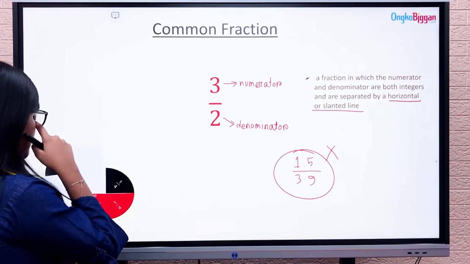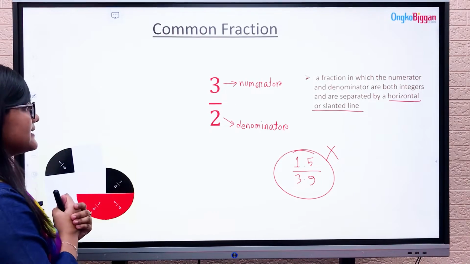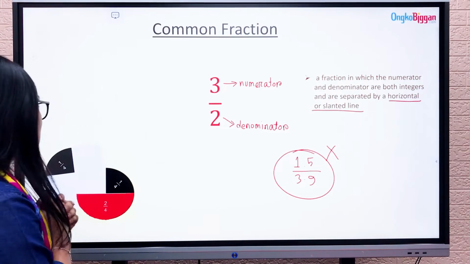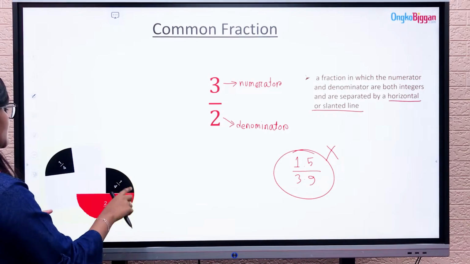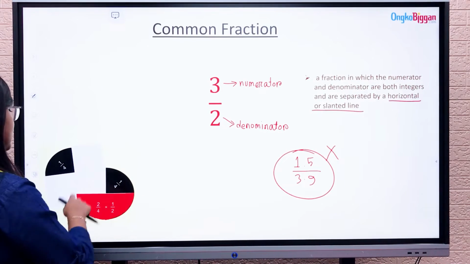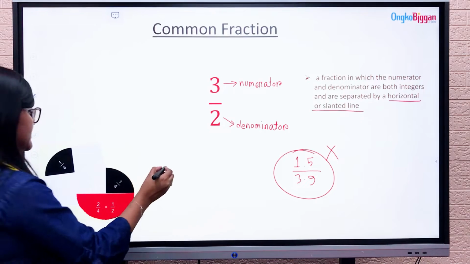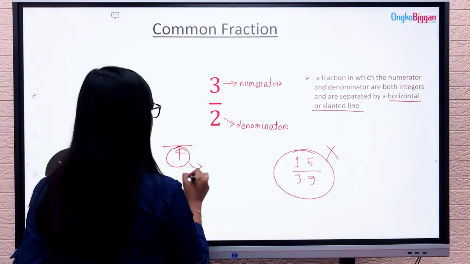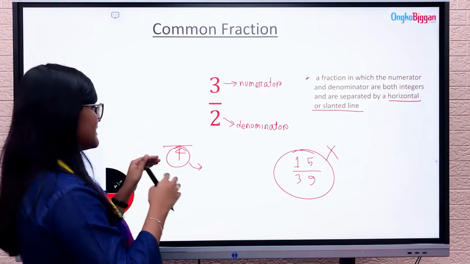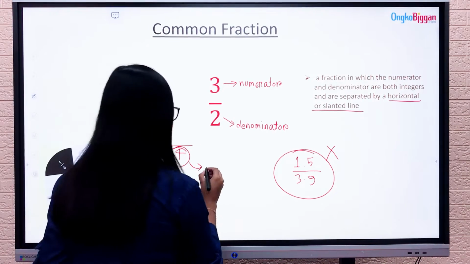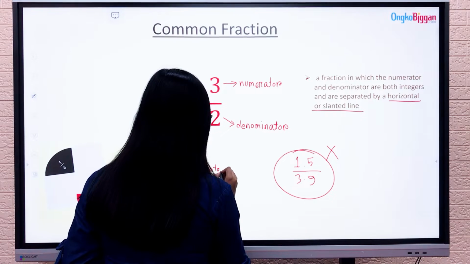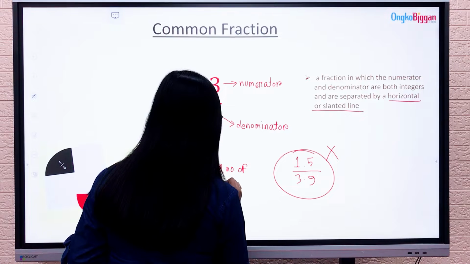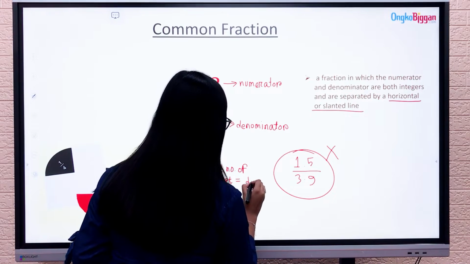Okay, so here we can see an example. Basically in the denominator we put the total number of parts. Like in the pie, we have 1 pie, and in total the pie is divided into 4 parts. So the 4, the total number of parts, is written below the slanted line, and this total number of parts is termed as our denominator.